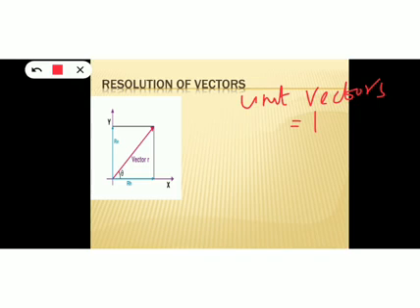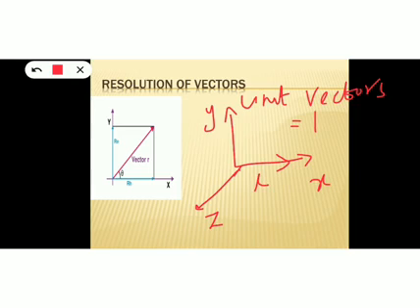Okay, so there are certain unit vectors along the x, y and z axes of a rectangular coordinate system. This is a rectangular coordinate system, and let these be our x axis, y axis and z axis. So what are the unit vectors along these axes? The unit vector along the x-axis is denoted by i cap.